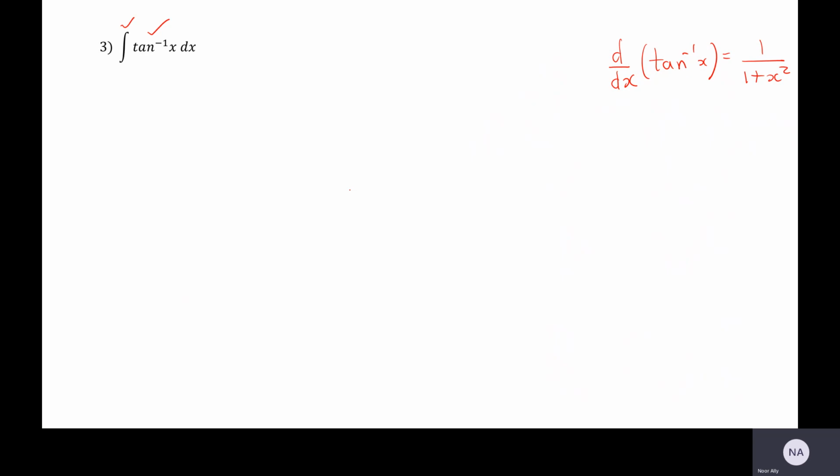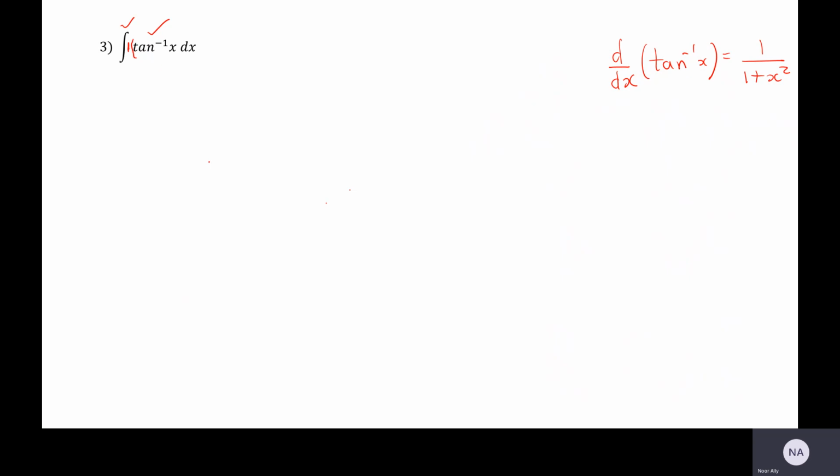Whenever you see an integral of a function such as this, arctan, arcsine, integral of ln of x as well, then you're going to apply integration by parts. Now you may say, well, there's no product. But you insert that product.